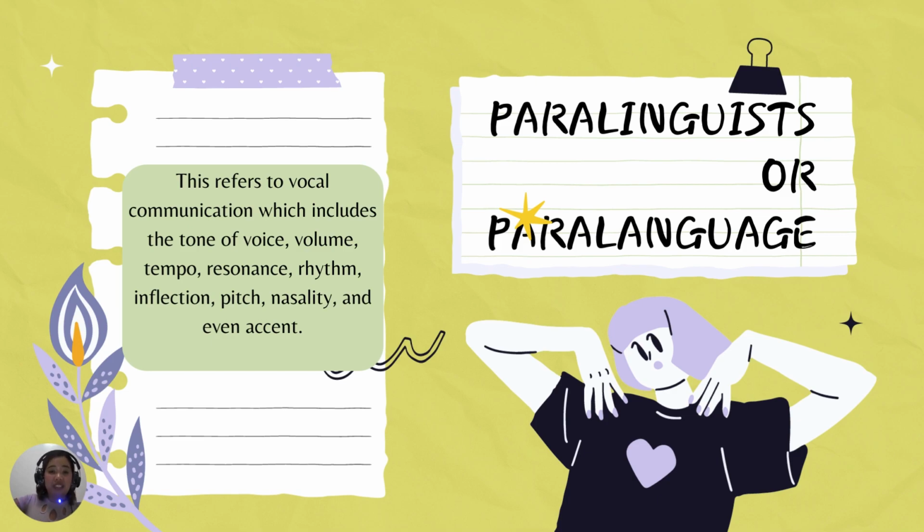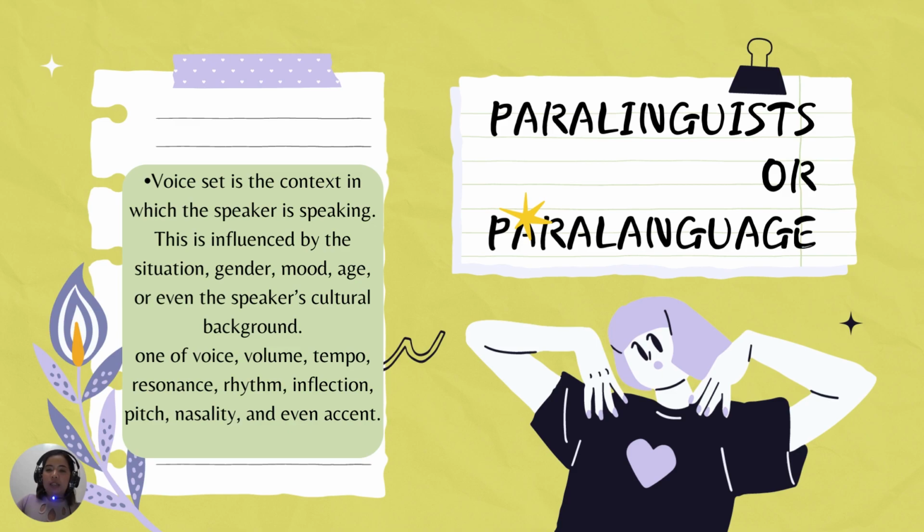What type of people are they? For example, if the Bisaya are talking with that pitch, therefore we can identify what kind of people they are. So the regional dialects, the nasality, and even the accent. Again, paralanguage is another type of nonverbal language wherein we try to identify what kind of people they are in terms of those things, the tone of voices.